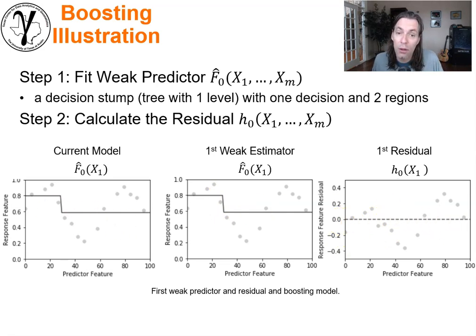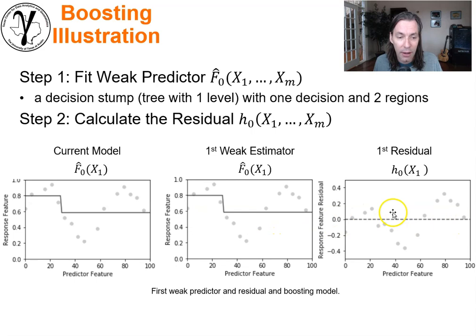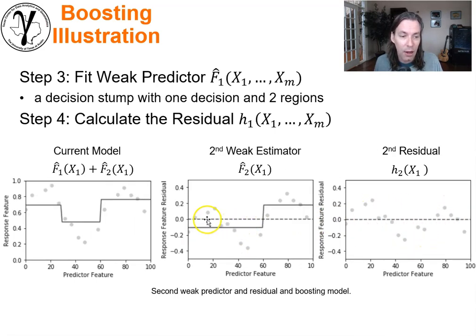Okay, so what are we going to do next? We got to fit that residual. So just to keep track of this, this is what we're fitting. We're fitting this residual right here. If we look right here, that residual is now the residual that we're fitting with the model. And this is the very best next split, the stump decision tree. And if you look over here, this in fact is the delta from this model right here.